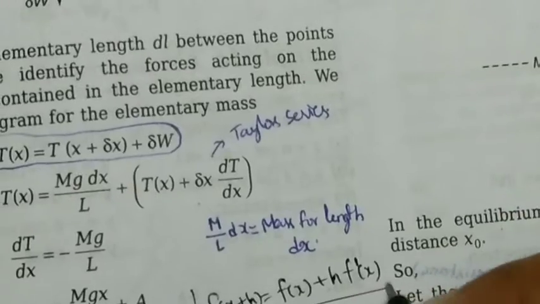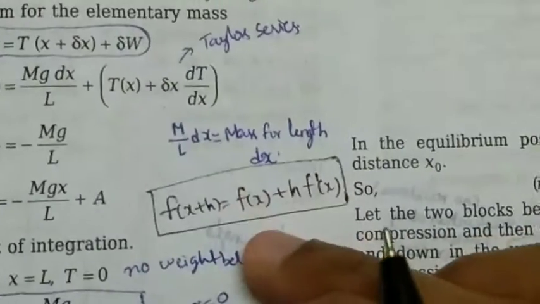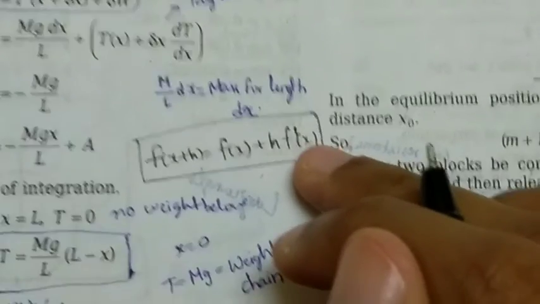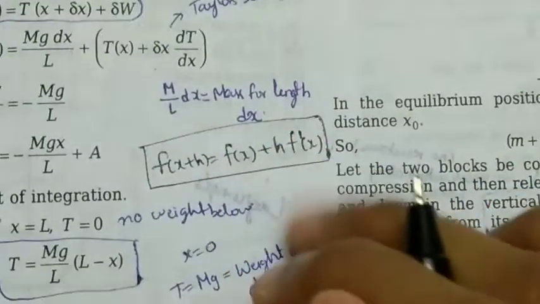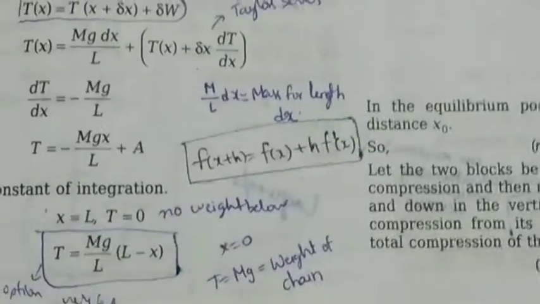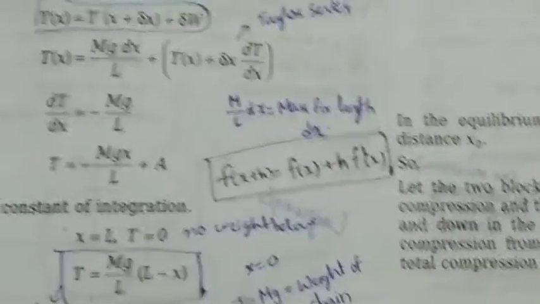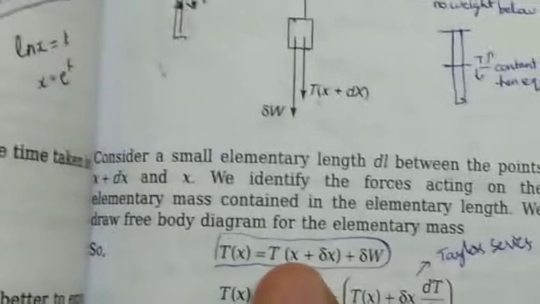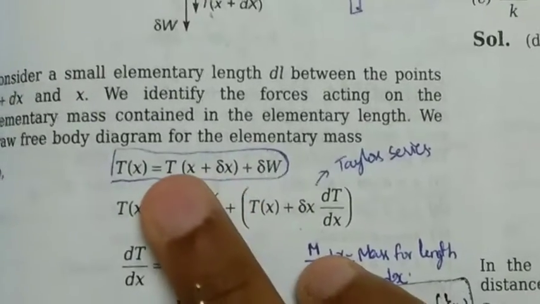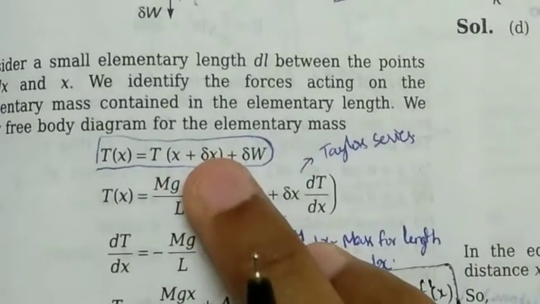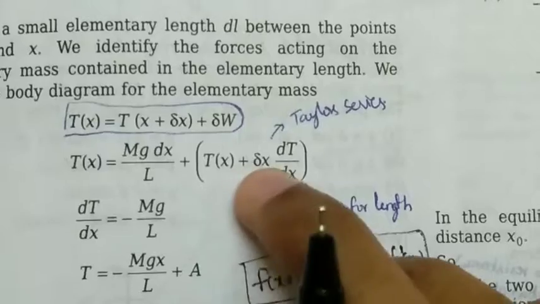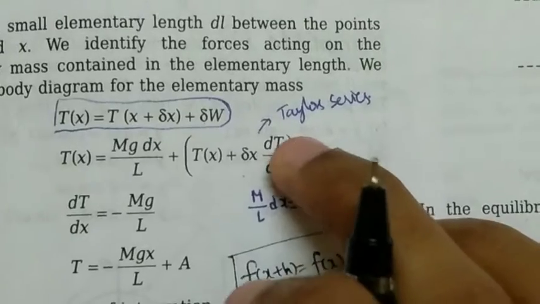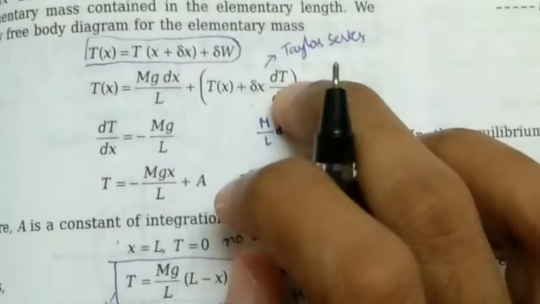This is the formula from Taylor's series expansion. Based on this formula, here also in the place of f we have T, and in the place of h we have delta x. So T of x plus delta x is T of x plus delta x into f dash of x, which is dT by dx.